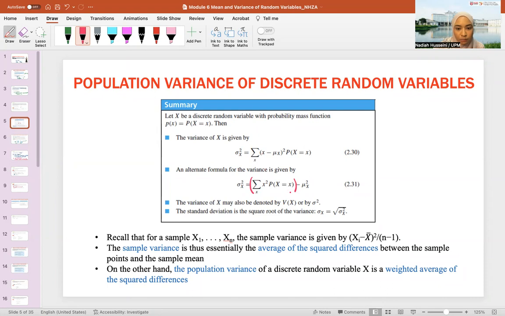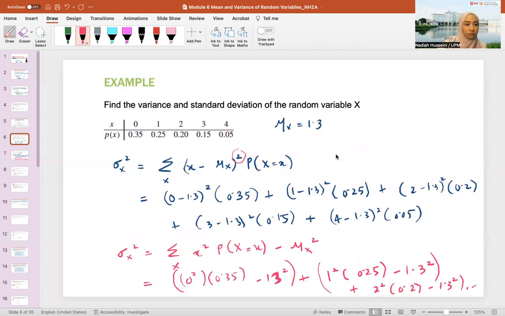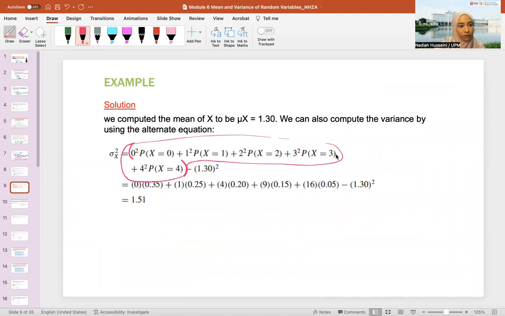Okay, so let me put this bracket over here first. I need to double check on this. For now, let's assume that we add these all together first and then minus the mean. If we minus the mean one by one, I think it will give a different answer. So let's follow the solution first and I'll try to clarify with the coming examples.